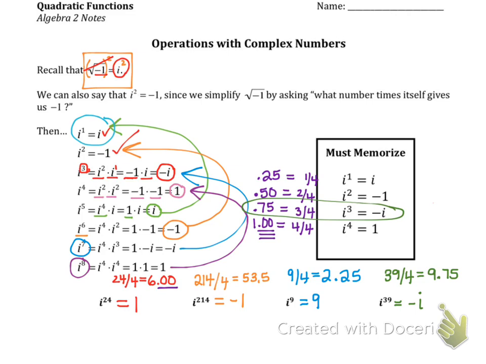So if you notice, whenever you have an I in your final answer, it is only going to be either an I, a negative 1, a negative I, or a 1. So you can't have any I in your final answer that has an exponent greater than 1, because if you do, we can convert it into a numerical value.